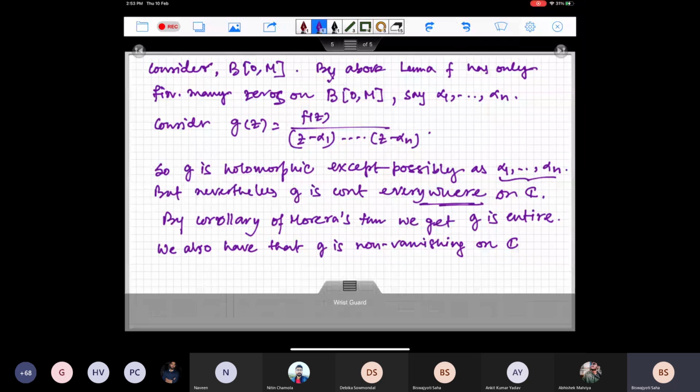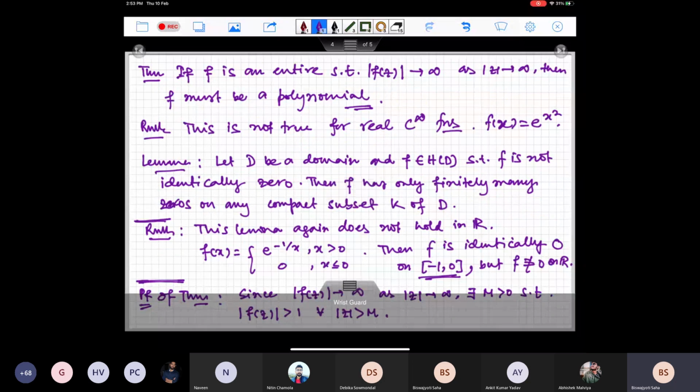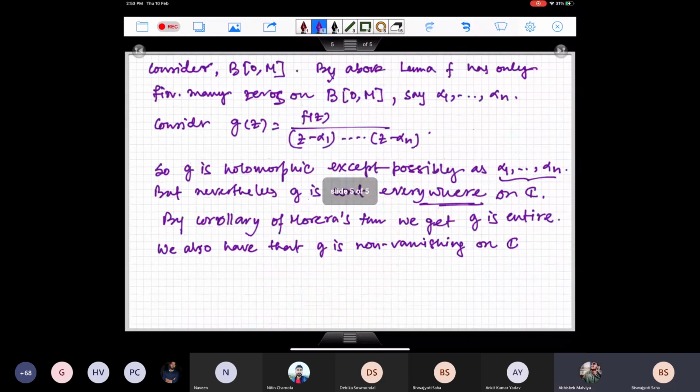On that region, f is such that mod of f of z is bigger than 1 whenever mod z is bigger than m. So clearly f does not have a 0, and g is defined by f over something. If f does not vanish, then g cannot vanish.